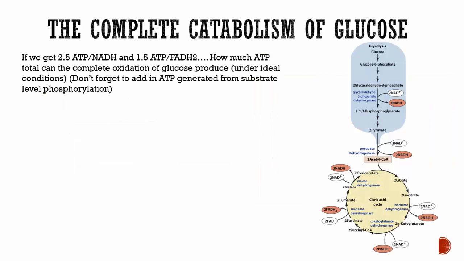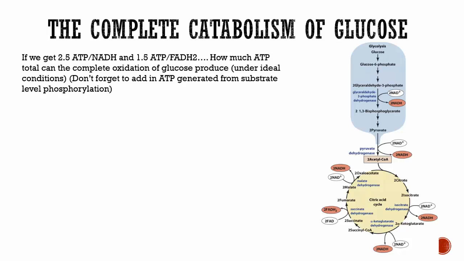At this point, we have investigated the complete metabolic breakdown of glucose. If we are able to derive 2.5 molecules of ATP from 1 molecule of NADH and 1.5 molecules of ATP from 1 molecule of FADH2 through coupled oxidative phosphorylation with the electron transport chain, how much ATP total can the complete oxidation of 1 glucose molecule produce?